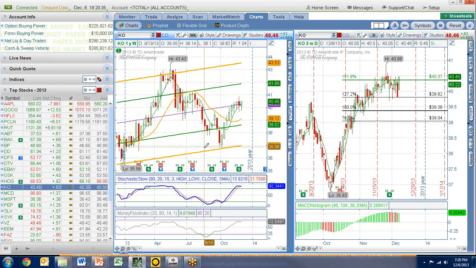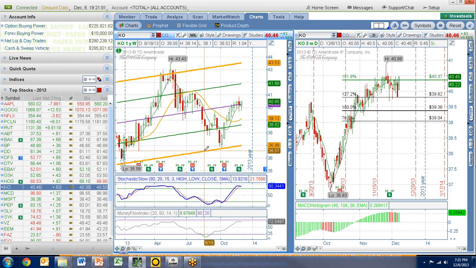Then the plus and minus 2 standard deviation, statistically 95% of all prices will be contained within that channel. Now you do get an occasional outlier, but I have found the regression channels to be one of the most powerful indicators in my arsenal.